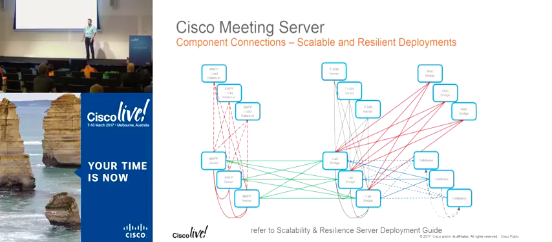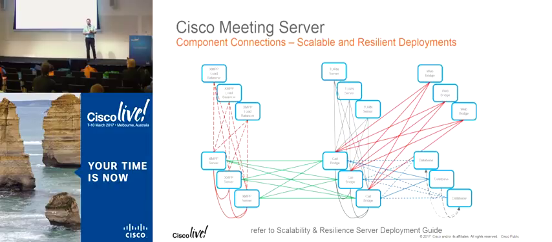So this is what a 3-site split CMS deployment looks like, keeping in mind that all of these connections are fully trusted by certificates. So you need to create self-signed certificates, public CA certificates, as well as trust bundles to enable this concept to work.